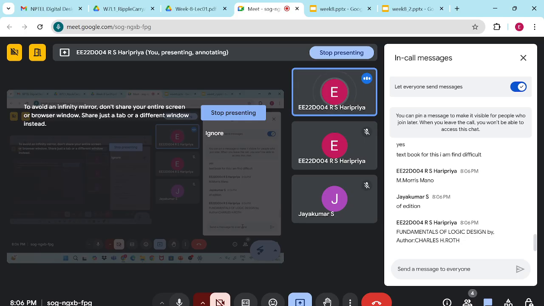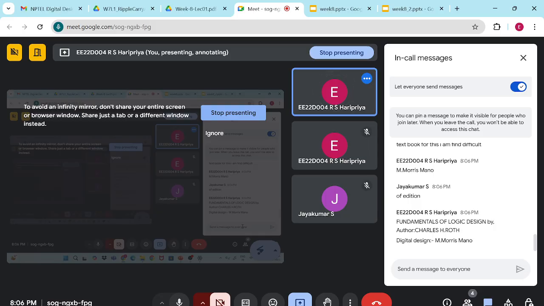And if you are looking for something with respect to digital design and VHDL coding, you can read this book.